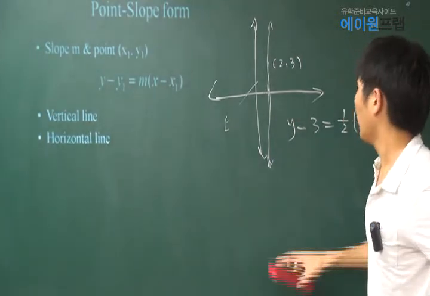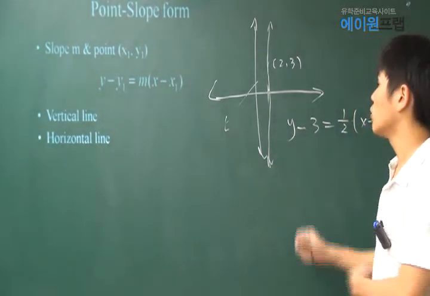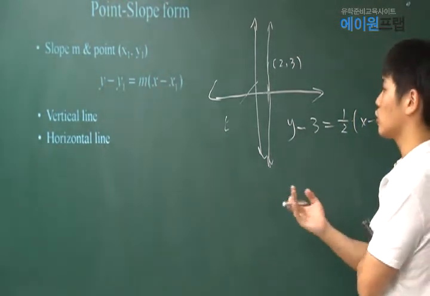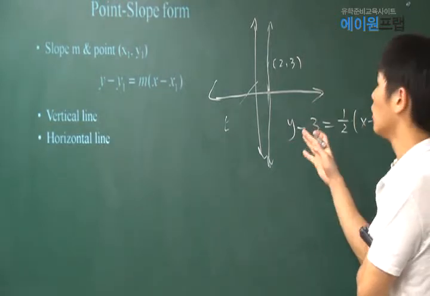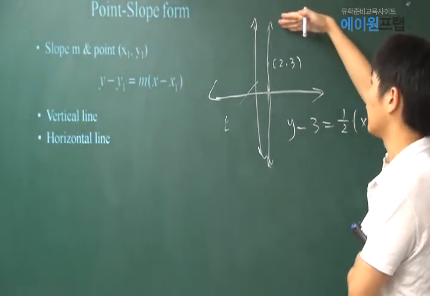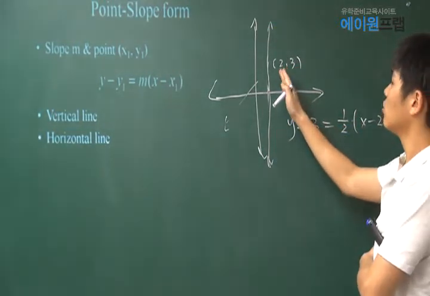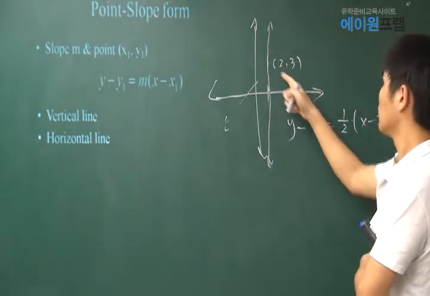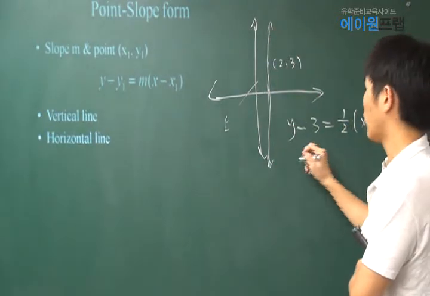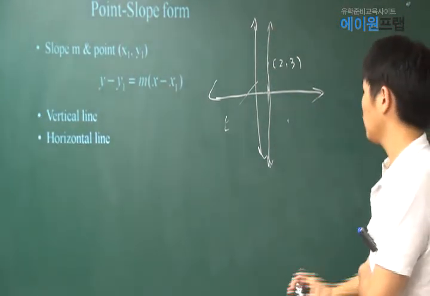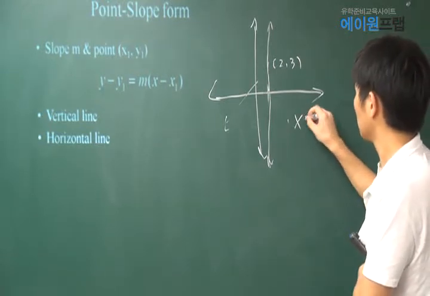So let me look at different ways of defining this. So in terms of this graph, if you can't describe the slope, let's just try to describe it in terms of just an equation. So what do we know about the vertical line is that it shares the same x-value, correct? So the x is always 2, so we can actually write this equation as simply x equals 2.